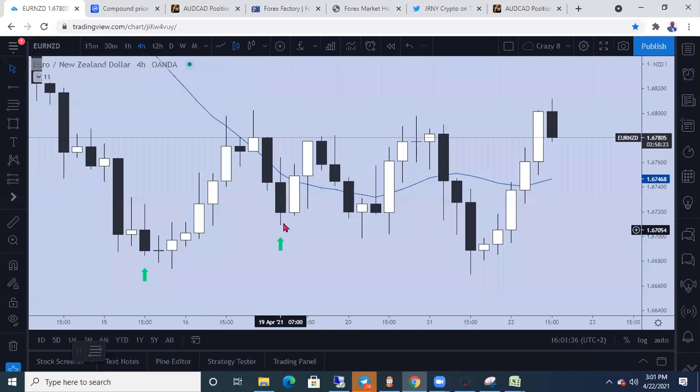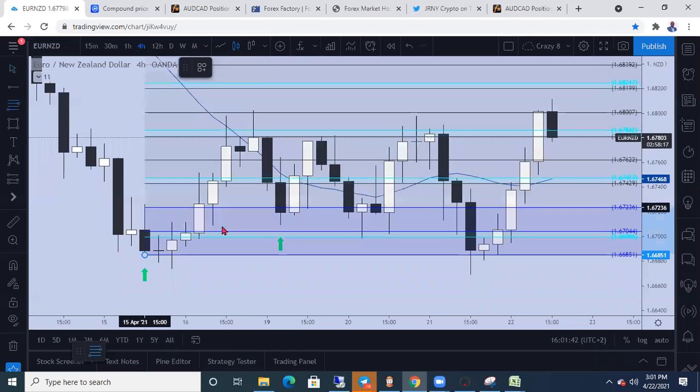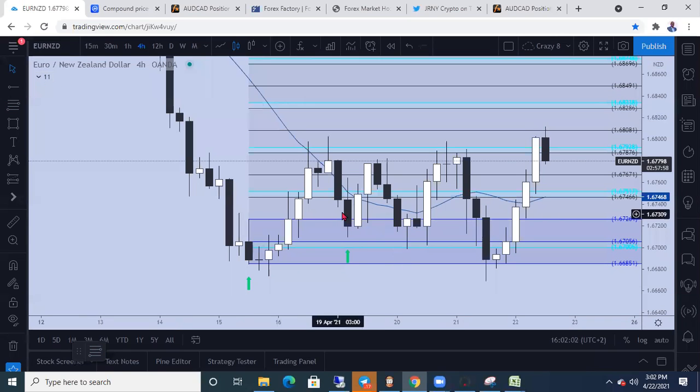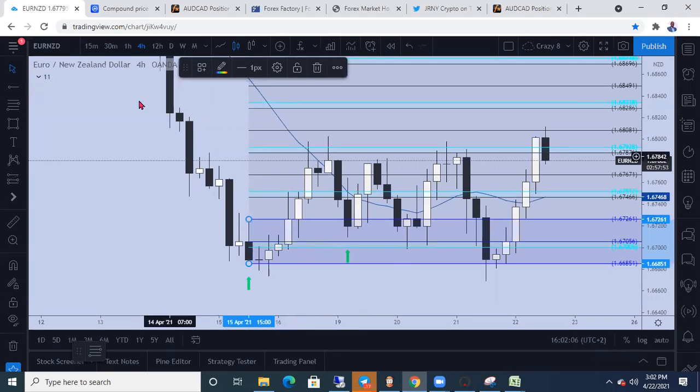So here you have this. I would rather mark up this zone. Guys came, played around, and then rallied. Now let's go down to 15 minutes to find our entry at these points, using the 15 minutes moving average I just explained.